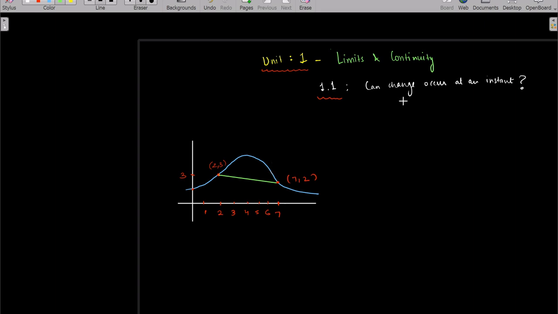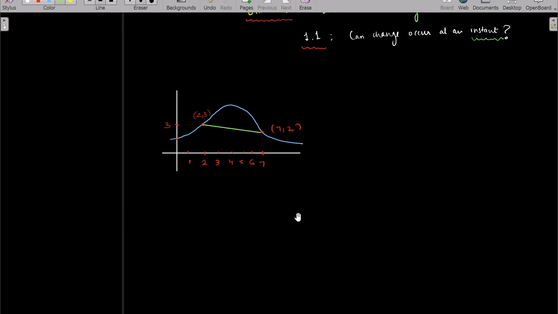Okay, so Anika, first of all, in Unit 1, you have 1.1, which is about can change occur at an instant. This is the core concept of limits. Instantaneous change. See, there are two types of changes.